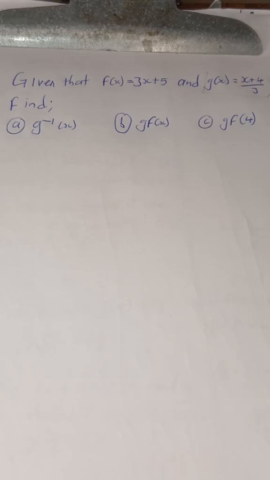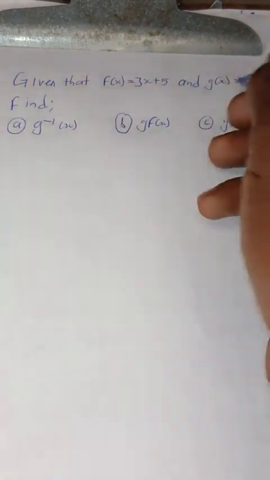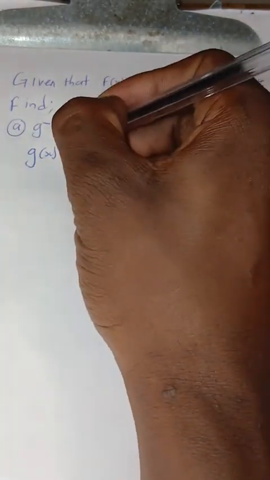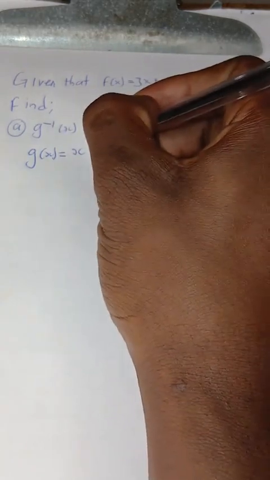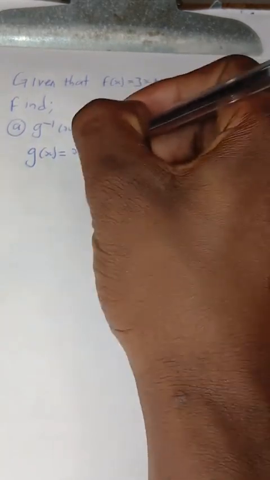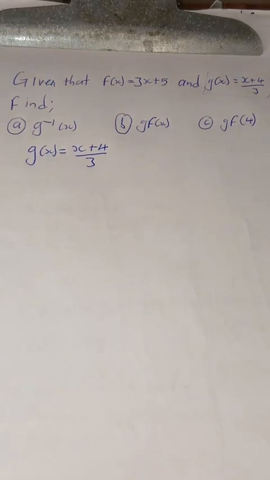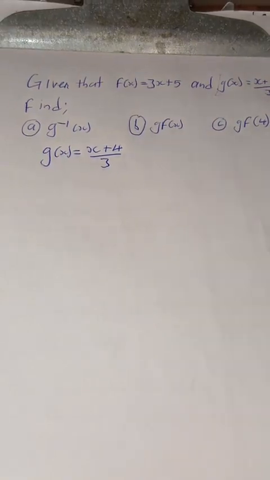Are we together? So the first thing, rewrite the function that you're dealing with. You're saying g of x is equal to (x plus 4) over 3. Now we start solving.